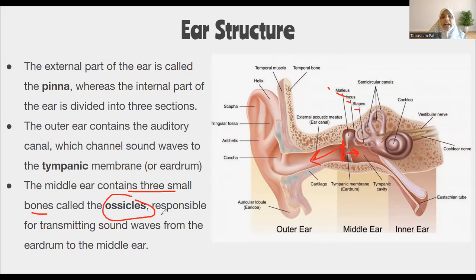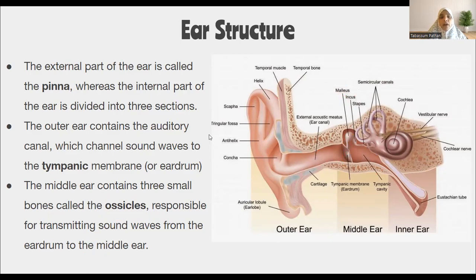They basically act as a means for transmitting sound waves from the eardrum onward. The sound waves hitting the eardrum will move forward and travel through the malleus, the incus and the stapes, and then go further on. So the middle ear basically contains the sound transmitting structures.